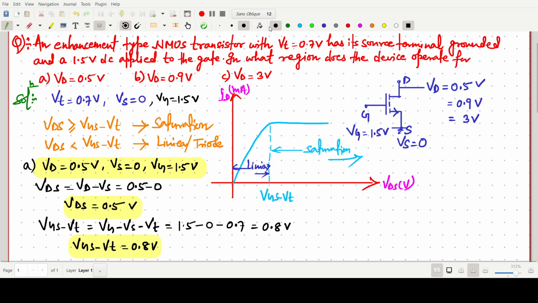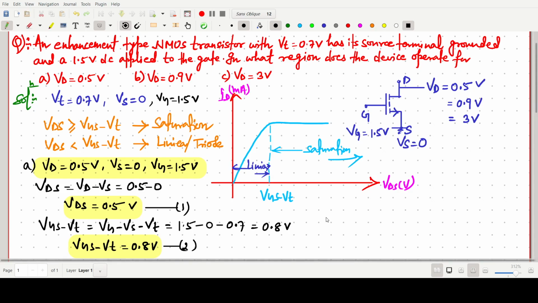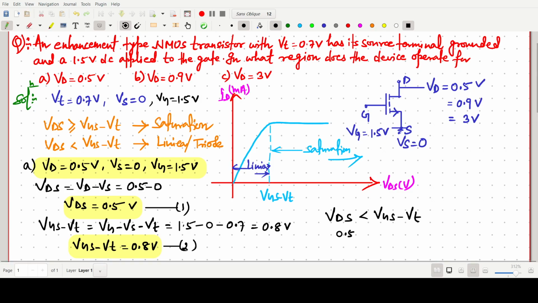What we have concluded from these, equations 1 and 2, is that VDS is less than VGS minus VT, because VDS is 0.5 volt, and this 0.5 volt is obviously less than 0.8.